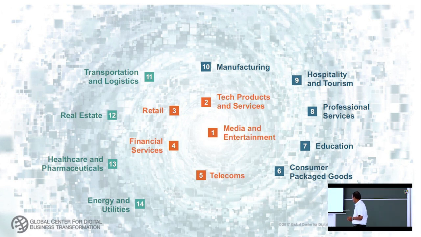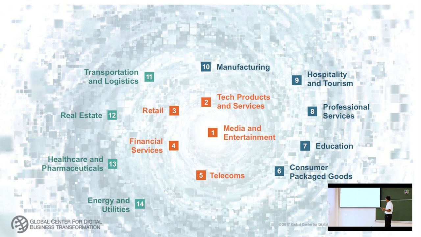Now, can you tell me something from the slide? These are different industries, right? We have put them on a whirlpool. Some of the industries are in the center of the whirlpool, which is orange, and 6, 7, 8, 9, 10 is a different color, a little bit on the outer side.